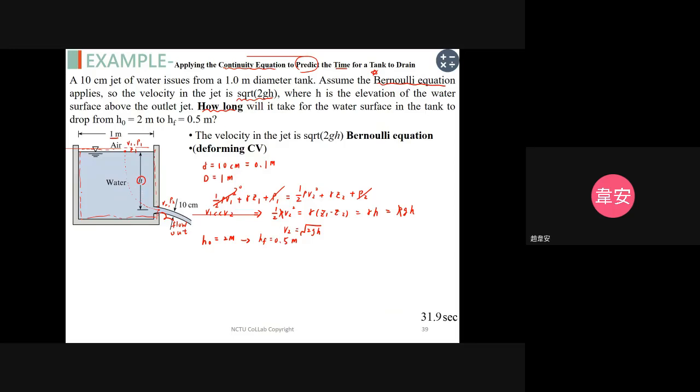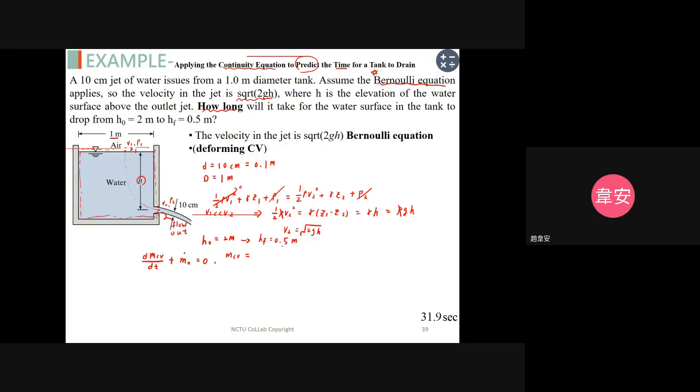Based on the continuity equation, we know that dm_CV/dt plus the mass rate for the outflow is equal to 0.